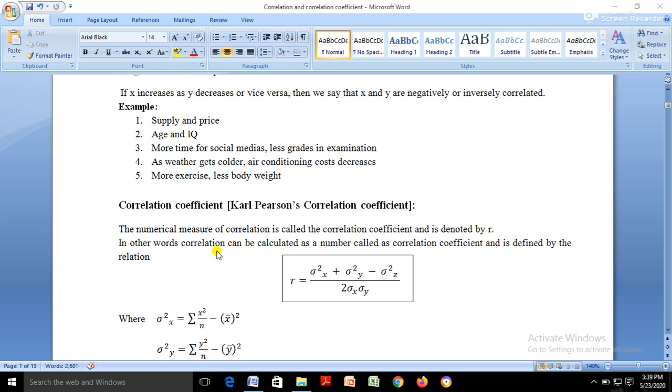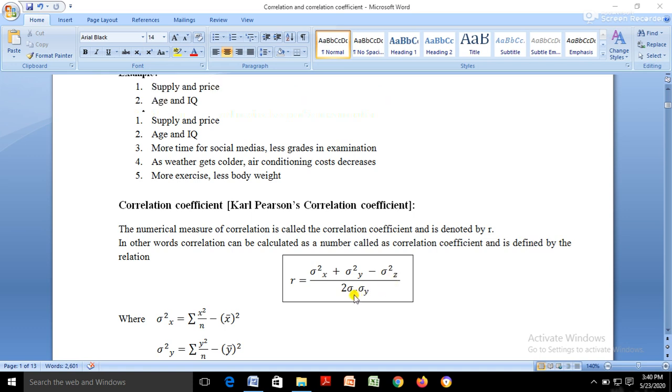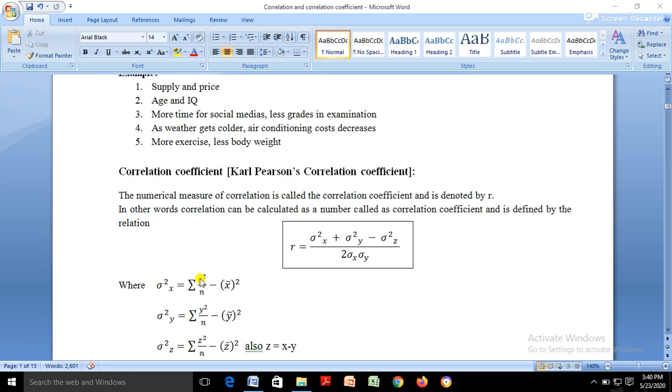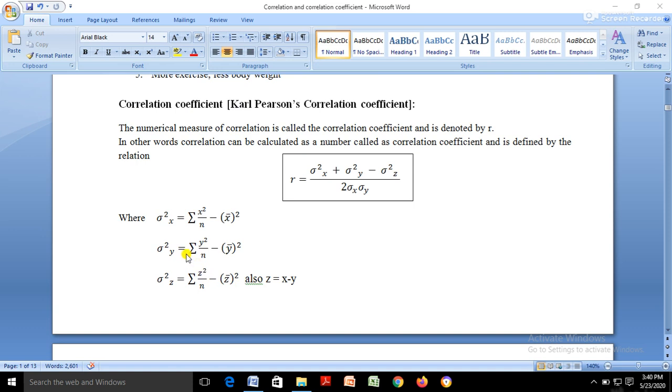In other words, correlation can be calculated as a number called the correlation coefficient and is defined by the relation r is equal to (sigma square x plus sigma square y minus sigma square z) divided by (2 into sigma x sigma y), where sigma square x is equal to summation of x square divided by n minus x bar square, sigma square y is equal to summation of y square divided by n minus y bar square, and sigma square z is equal to summation of z square divided by n minus z bar whole square, where z is equal to x minus y.